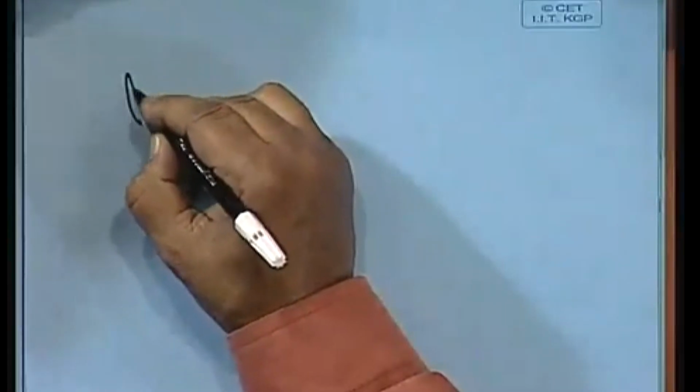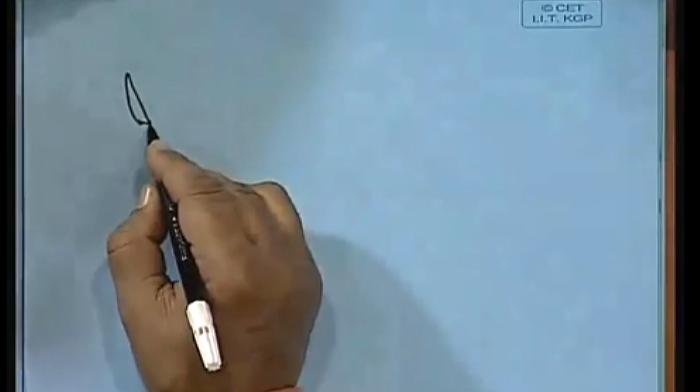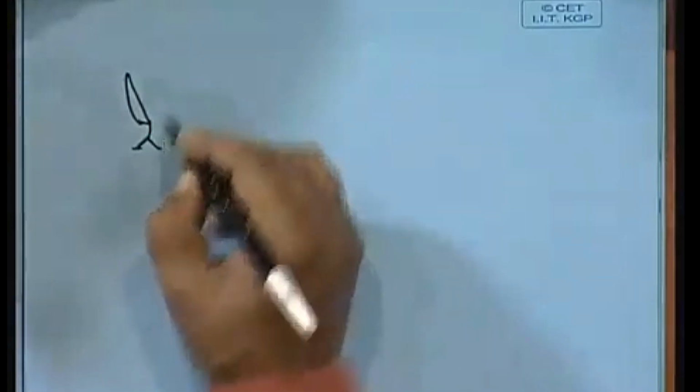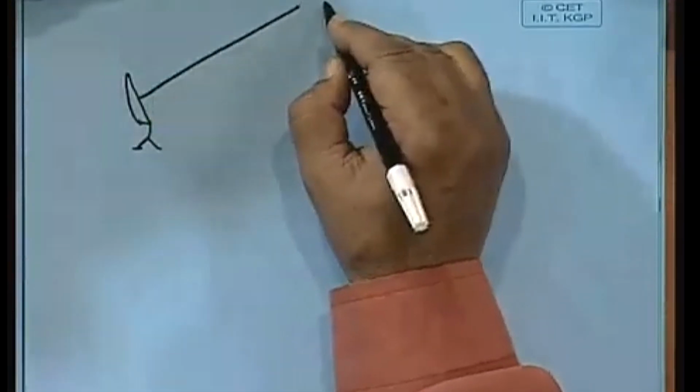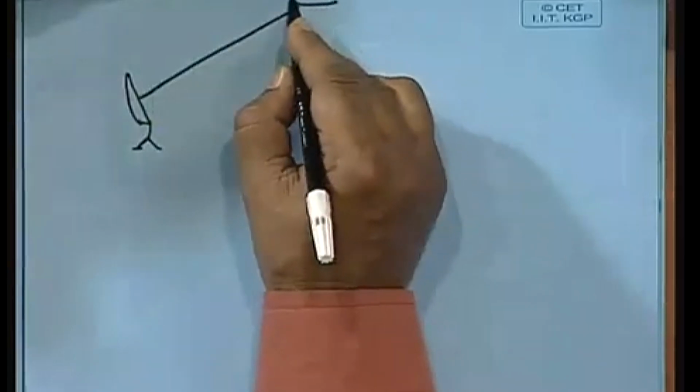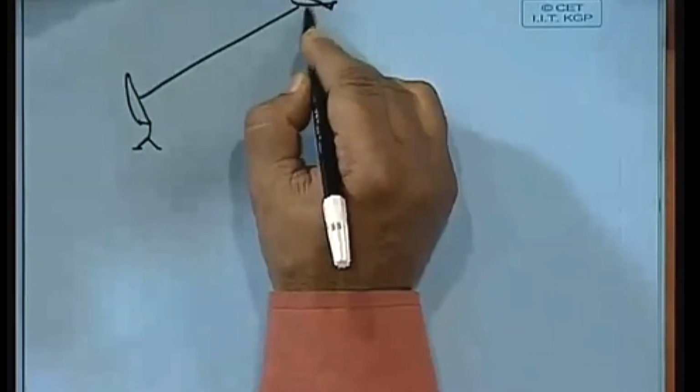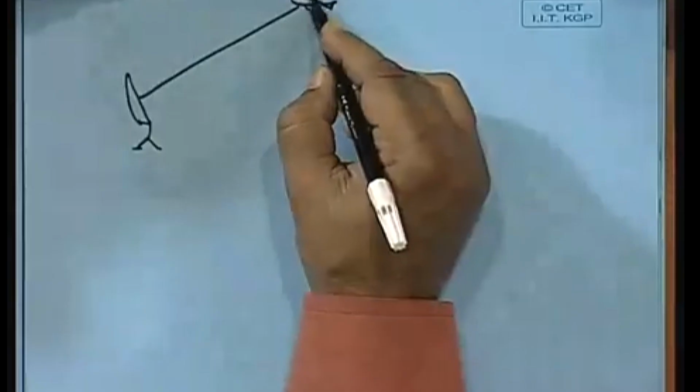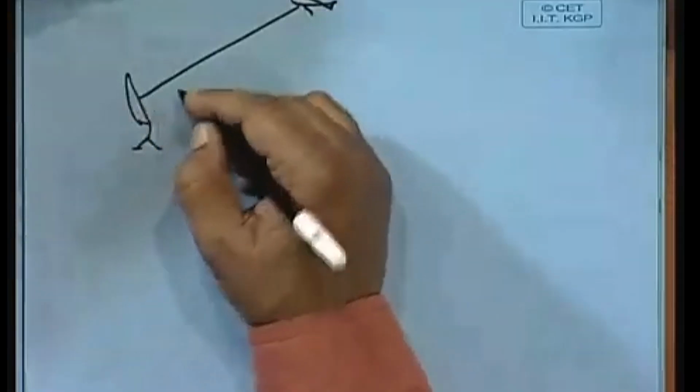So, let us see a very simple mathematical model for a radar tracking system. So, I will show you a very simple schematic diagram. So, this is an enemy plane and this is a radar.